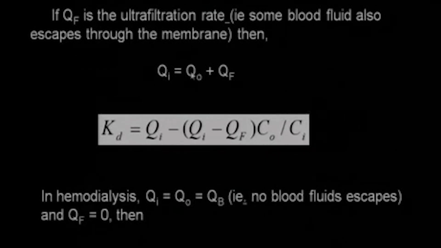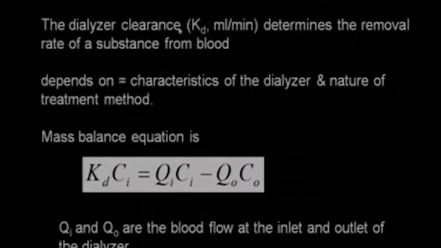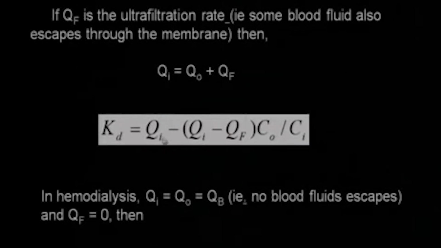Generally we can assume some numbers, substitute all these, and we get an equation for Kd, that is the clearance. What is Kd? Dialyser clearance, the removal rate of a substance from blood, is given by Qi, the blood flow into the dialyser, Q naught is the blood flow out, Qf is the blood escaping through the dialyser, Ci is the concentration entering, C naught is what is going out.